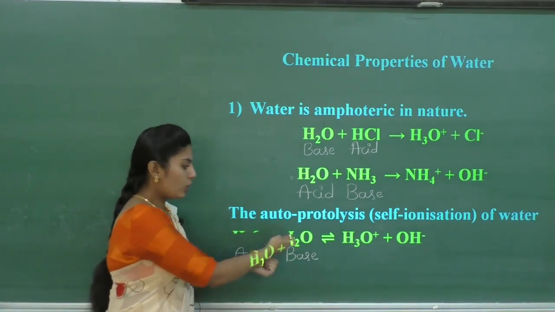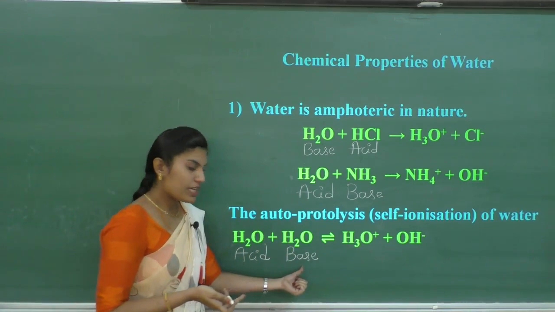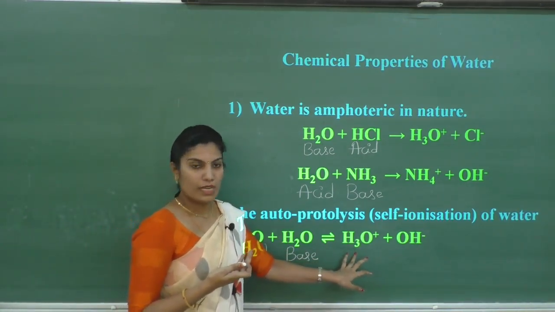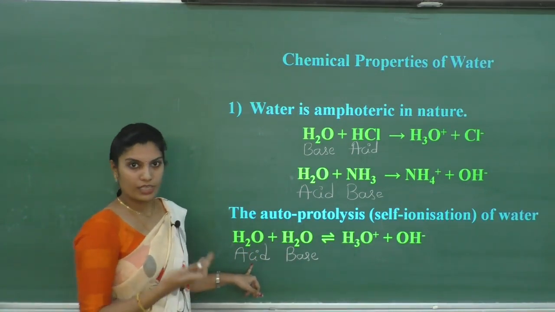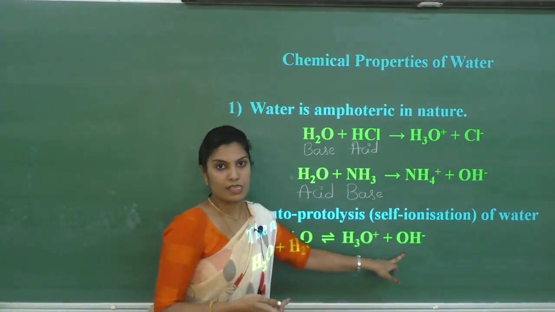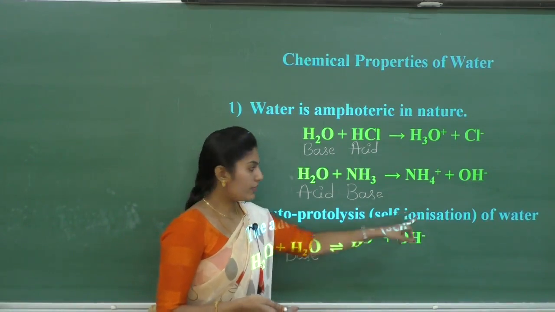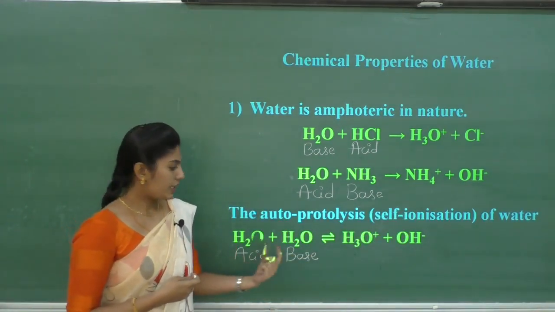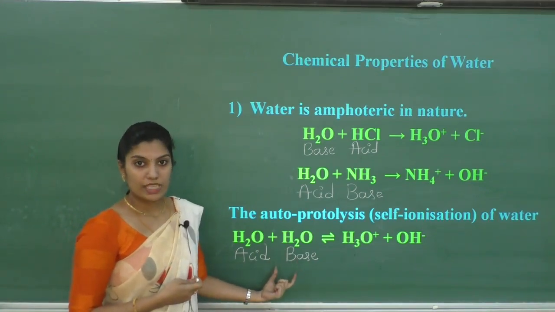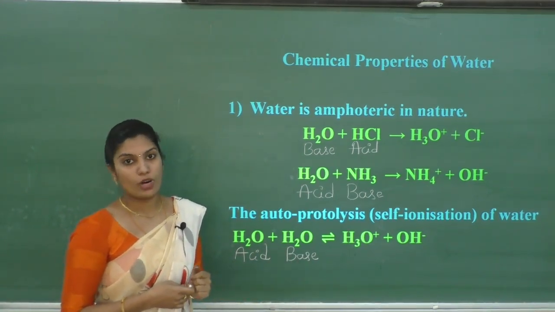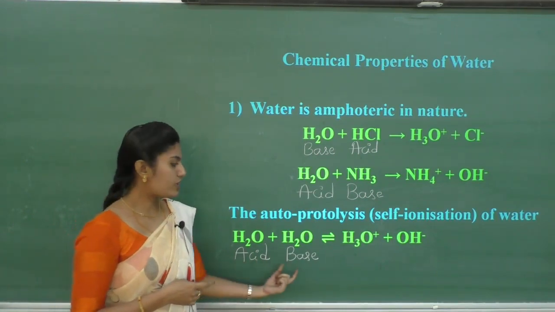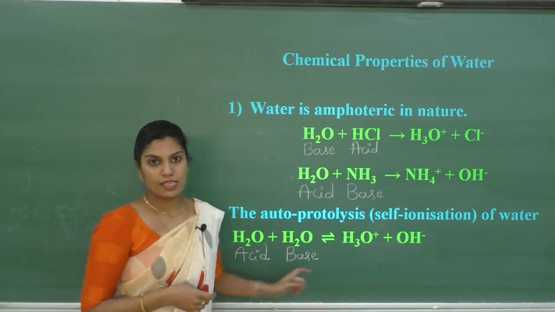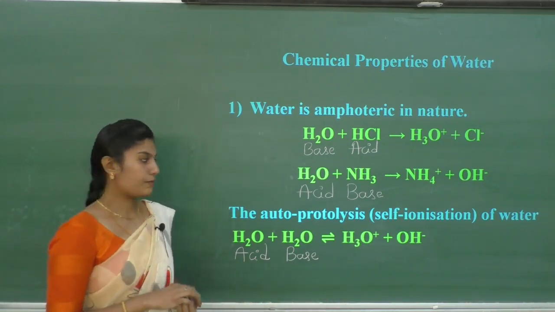That H plus ion is donated to a base. This base will receive the H plus ion and is going to form H3O plus. When it donates an H plus ion, the remaining will be the OH minus ion. Therefore, we can say water will undergo self-ionization. This can also be asked: explain the self-ionization of water, or write a reaction for the self-ionization of water. Then you should write this reaction. Cleared?